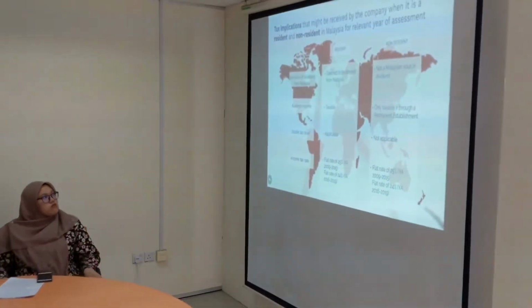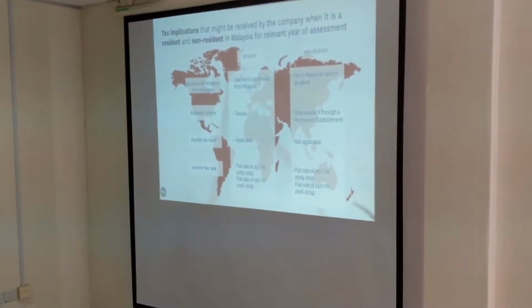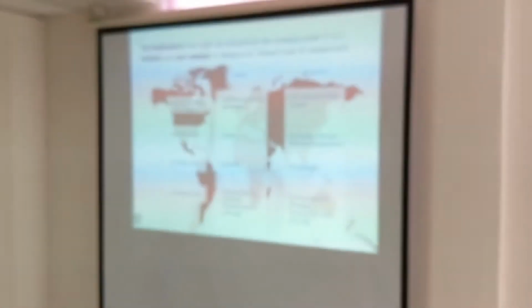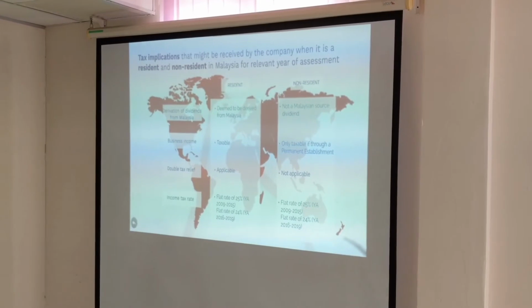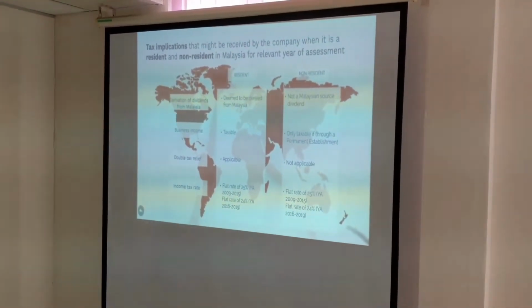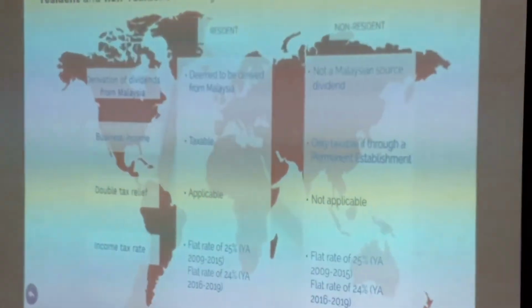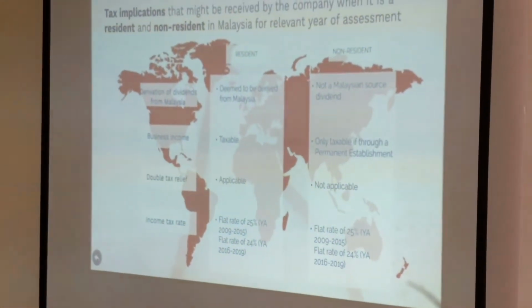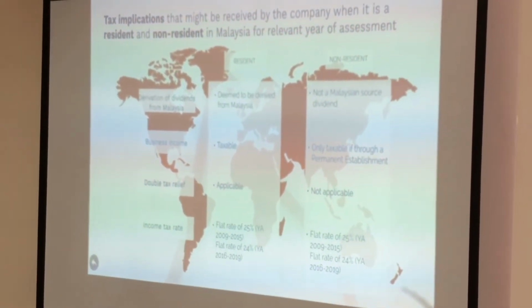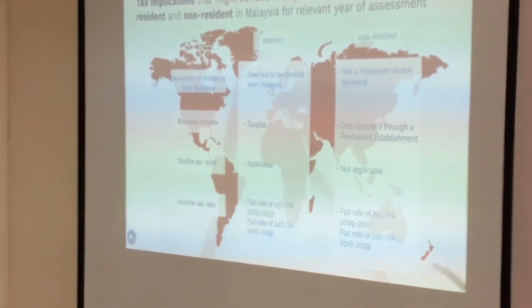The tax implication has 4 particular details. The first one is derivation of dividends from Malaysia. Derivation actually means the action of obtaining something from the source of origin. If the dividend and distribution are by a resident company, meaning our company has been determined as having resident status, what is the tax implication?